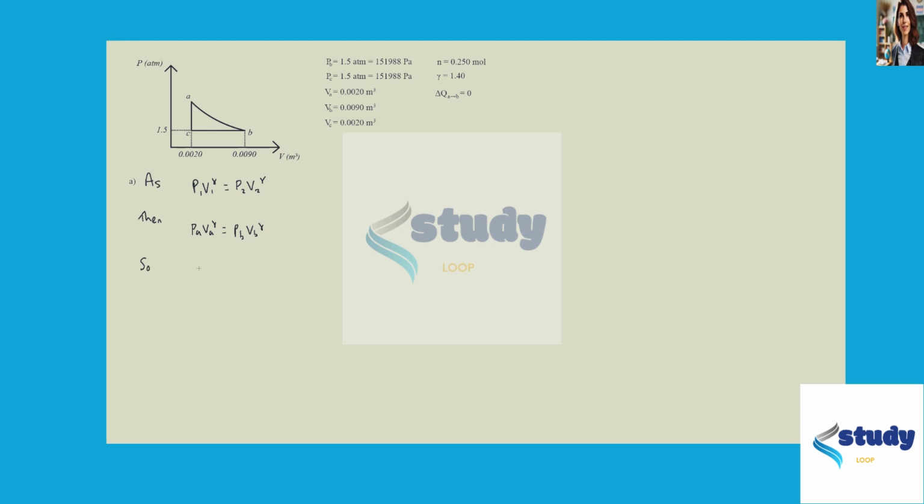So we can rearrange this for the pressure at A, and that is equal to PB VB to the power of gamma divided by the volume at A to the power of gamma.